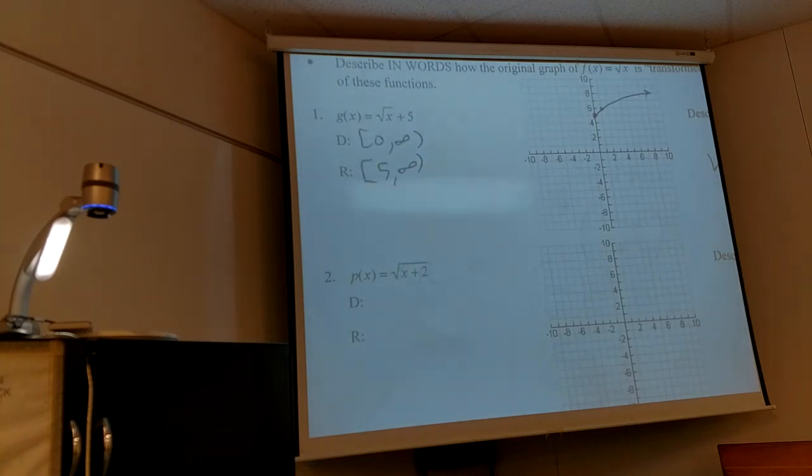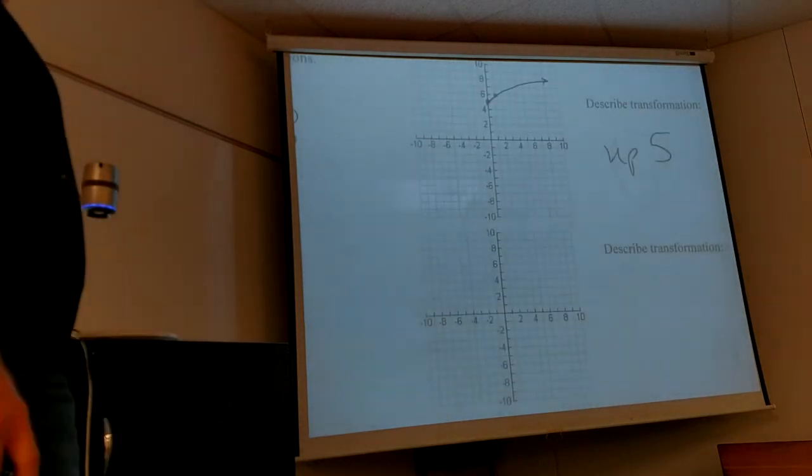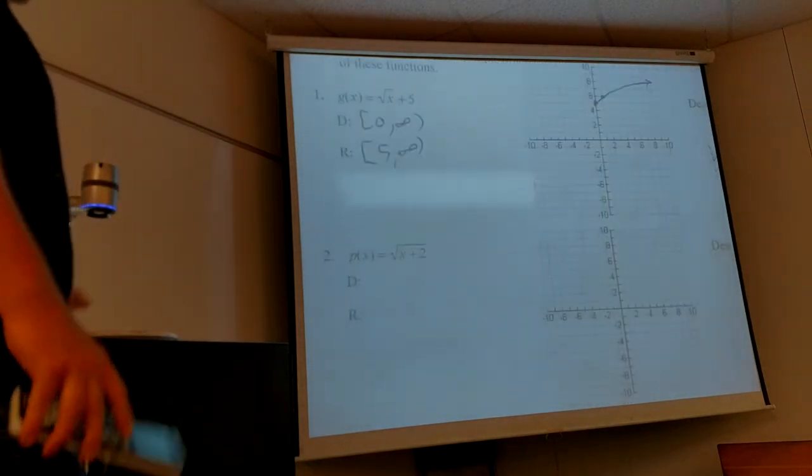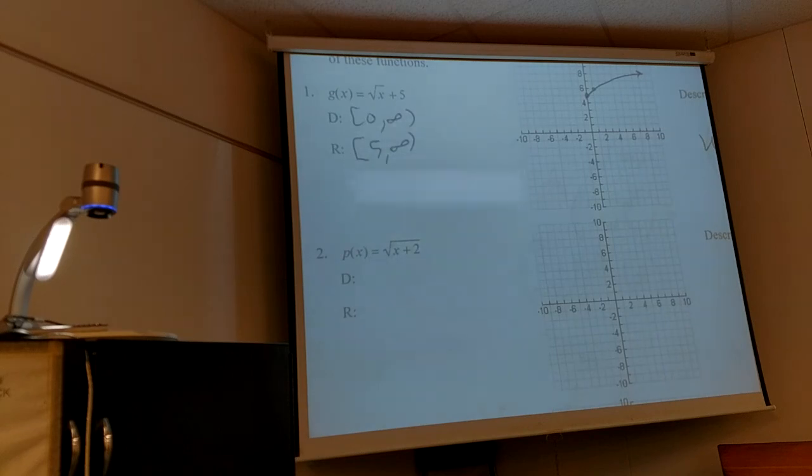Oh, just a 5. Yeah, it's a very simple transformation. You can have transformations like it'll reflect it over the y-axis. You can have transformations where it'll stretch it and shrink it and compress it, and yeah, that's for later. These are really simple ones.